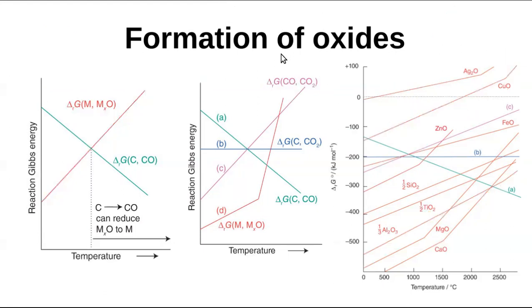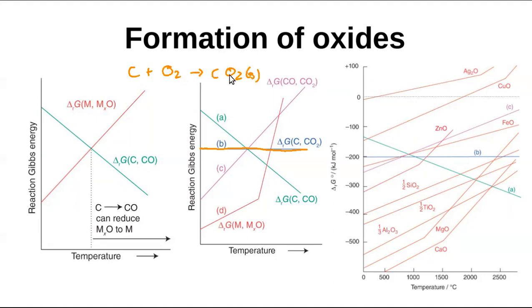When it comes to formation of carbon dioxide from carbon, this is a special type, carbon plus half oxygen to... no, it's a full oxygen. We can take it like that.